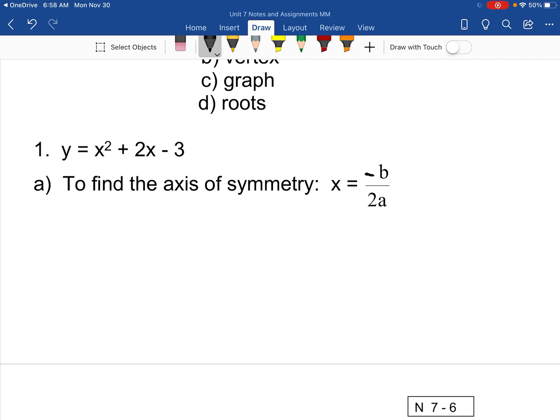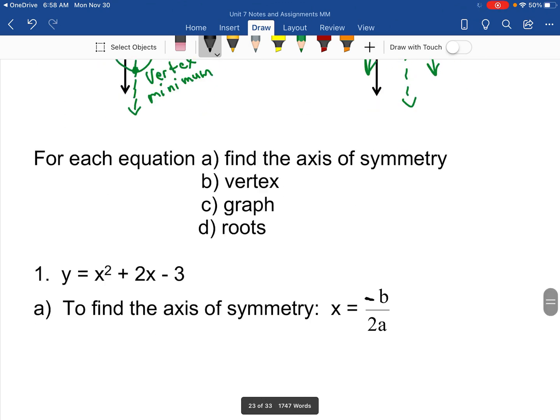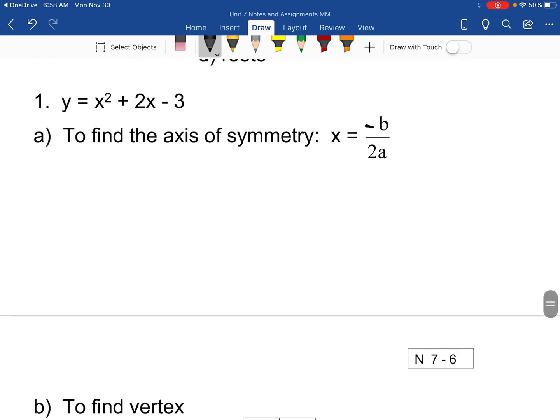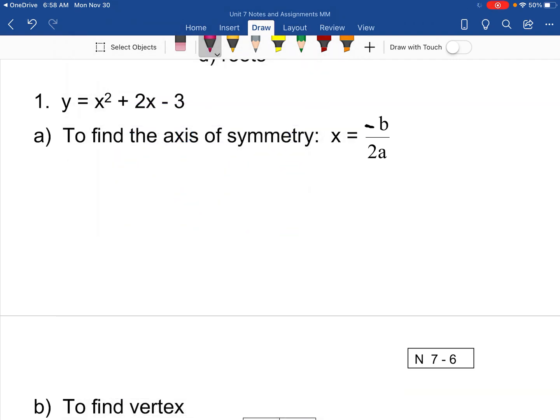We're given the quadratic y equals x squared plus 2x minus 3. The axis of symmetry, if you notice, is a vertical line. All vertical lines have the same form, x equals a number. So the formula is x equals negative b over 2a.